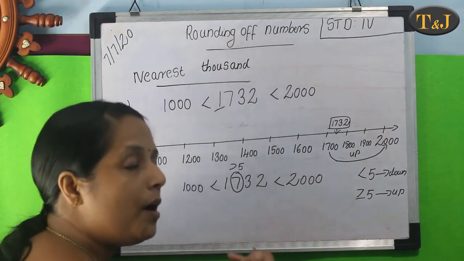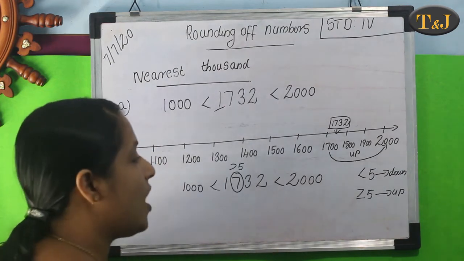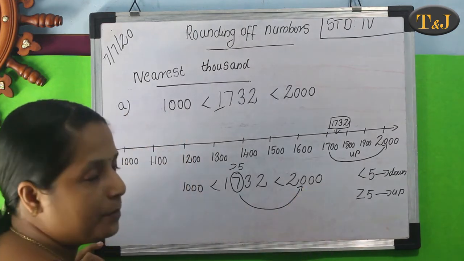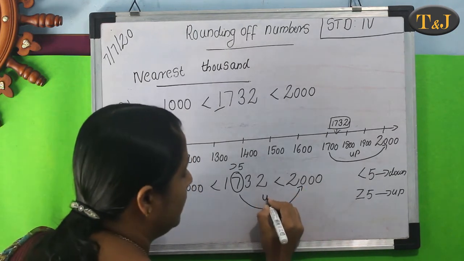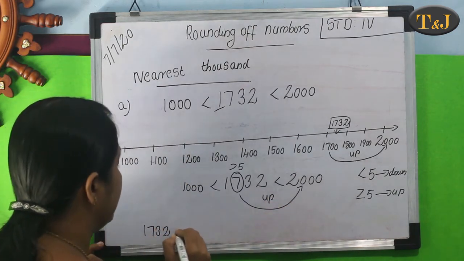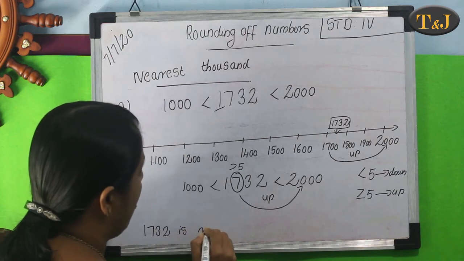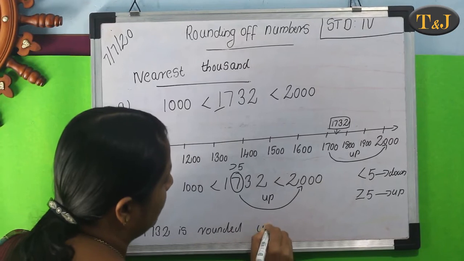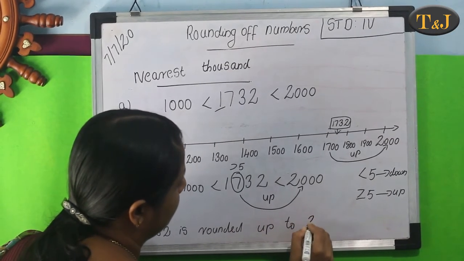Is it rounded up or down? Yes, it is rounded up to the number 2000. Therefore, we write: 1732 is rounded up to 2000.